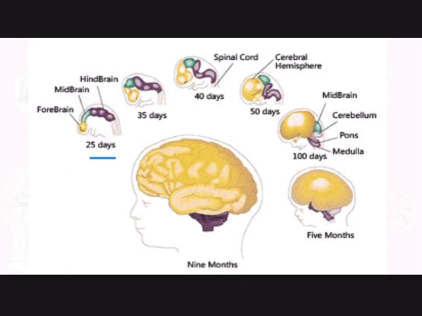And then by 50 days, you start to see hemispheres development, which are the cerebral hemispheres. Then at around 100 days you see the cerebellum, pons and medulla oblongata. Around 5 months it is complete, and by 9 months you recall the folds in the cortex.